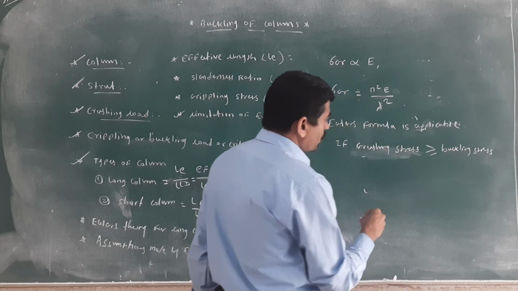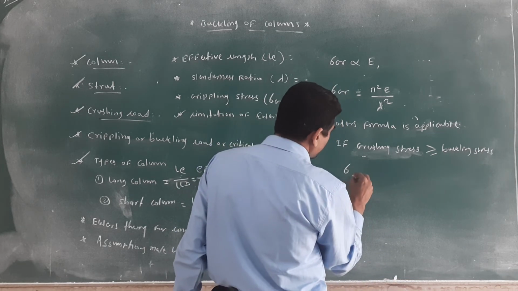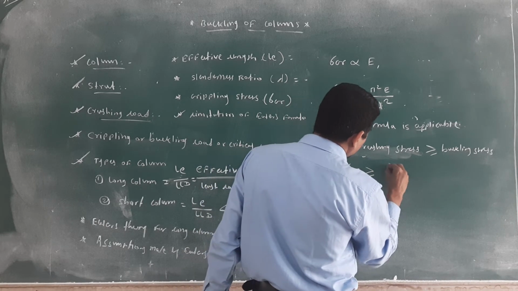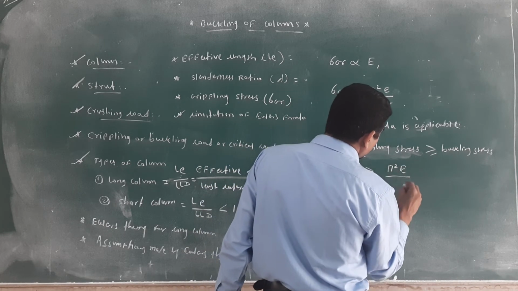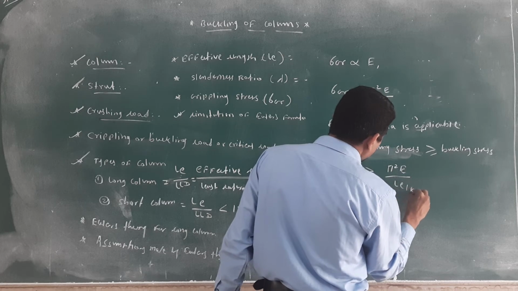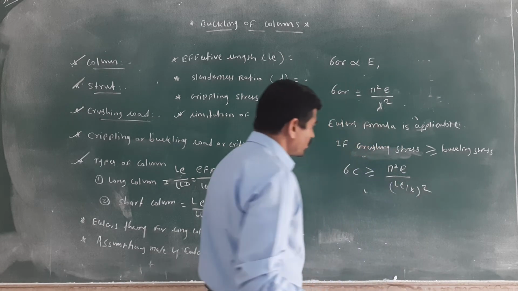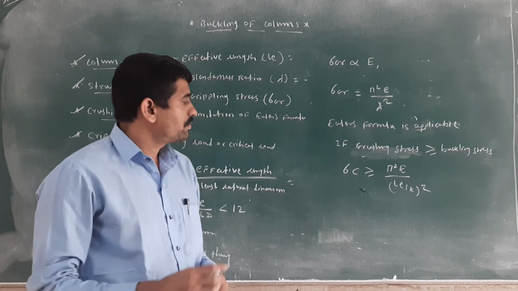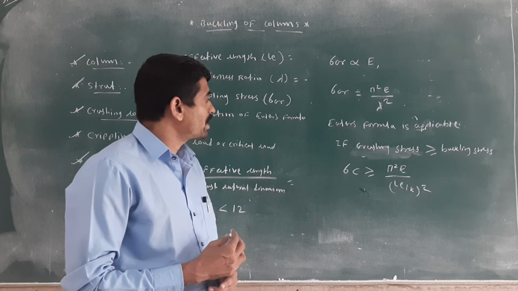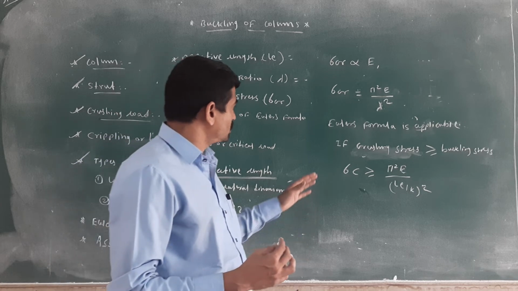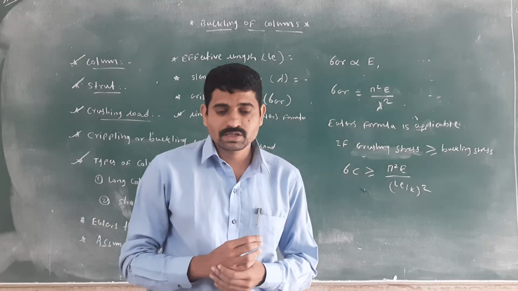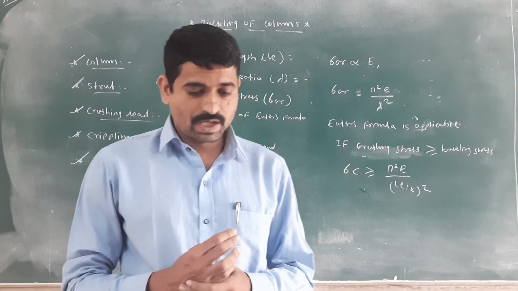Then how to calculate that value? Sigma c is greater than or equal to pi square E divided by (LE divided by K) square. Lambda square means LE divided by K square. With the help of this formula, you can check the limitation of the Euler's formula.